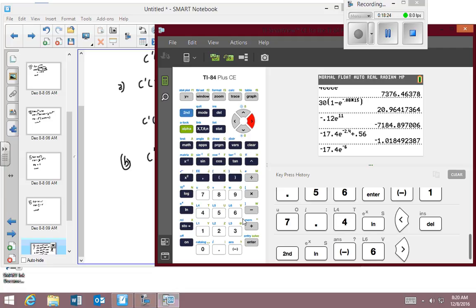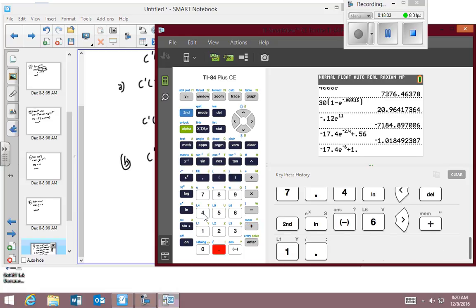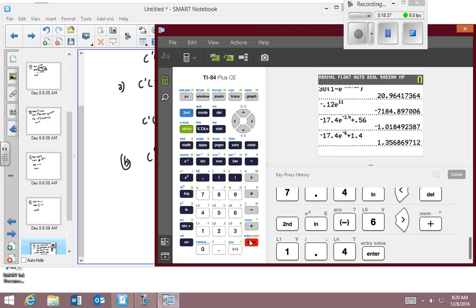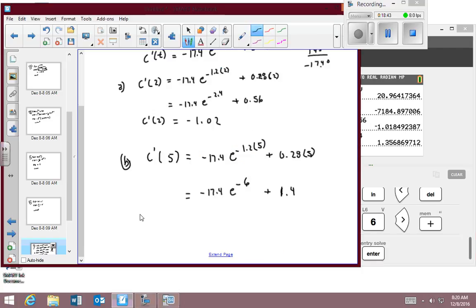Calculator. Plus, that was 1.4, wasn't it? So it's going to positive 1.36. Okay.